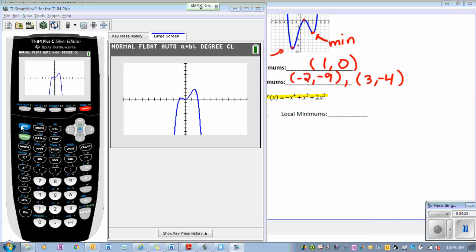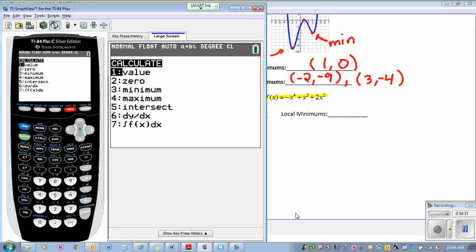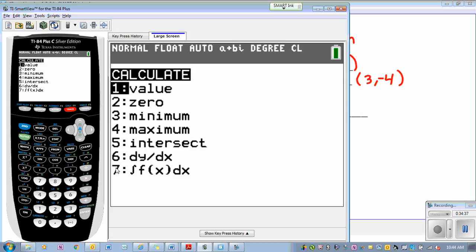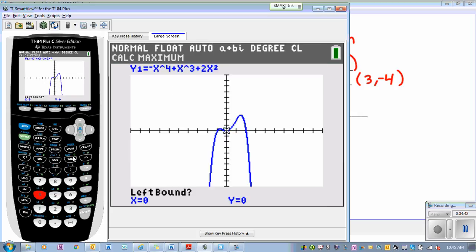All right, so I'm going to go to second trace, right? The first one we're going to look for is a maximum, so I'm going to go to maximum. And remember, with Blinking Bob, you want to take Blinking Bob to the thing that you want. So this maximum, that's my starting point. The calculator's saying go to the left, so I'm going to hit the left arrow. 1, 2. I guess I only need to do 2. Now I'm going to hit enter.